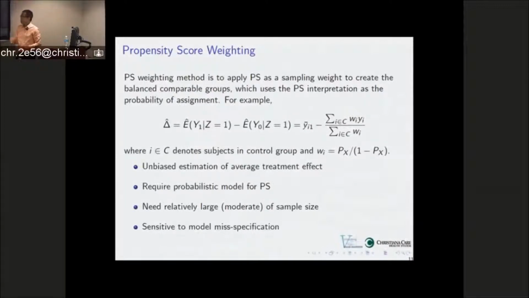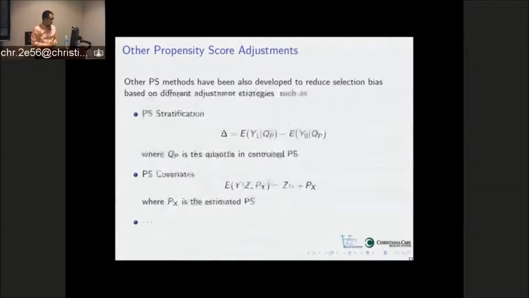But since it is a sampling weight, it may be sensitive to model misspecification. We can think about it: if this weight has a teeny tiny error, it could generate a very large error in the estimation of the average treatment effect. So it could be very sensitive to model misspecification.